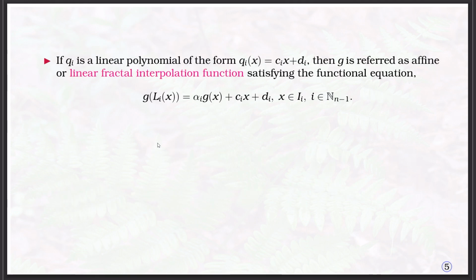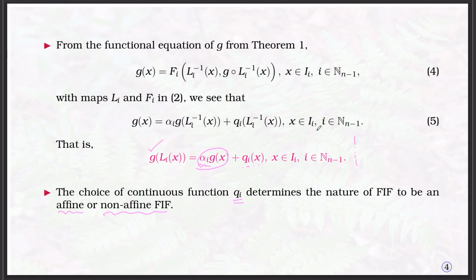So, if you are taking qi as a linear function Cix plus di, then g is referred to as the linear fractal interpolation function or affine fractal interpolation function which satisfies the functional equation. Here you just replace with Cix plus di.